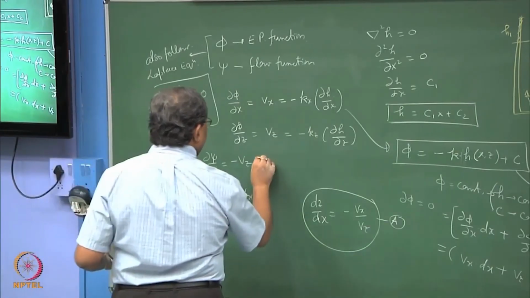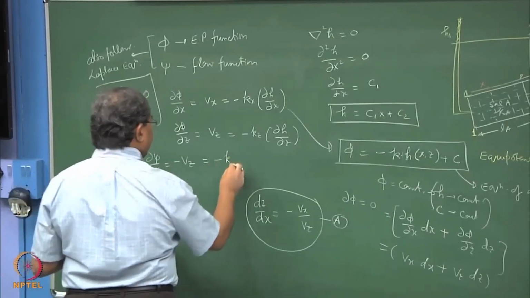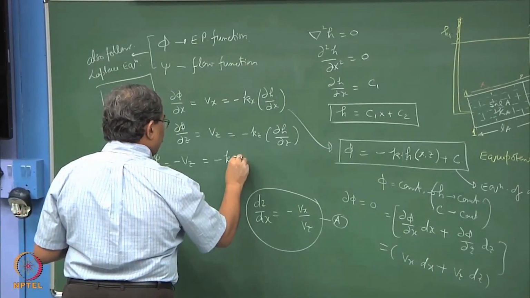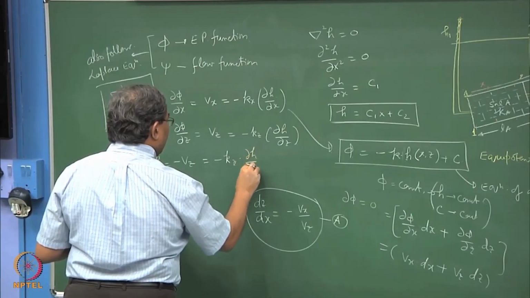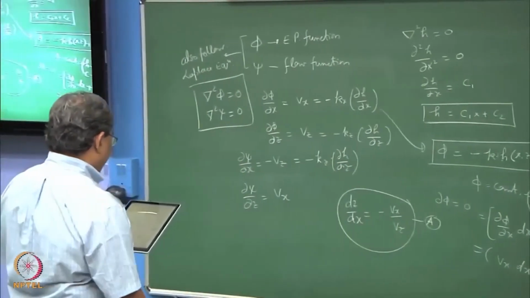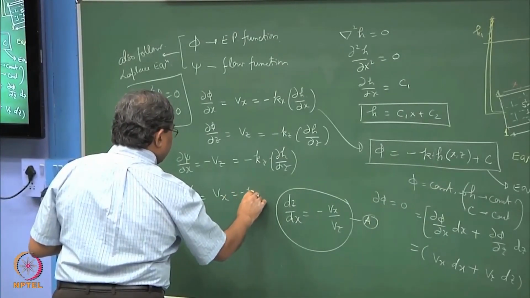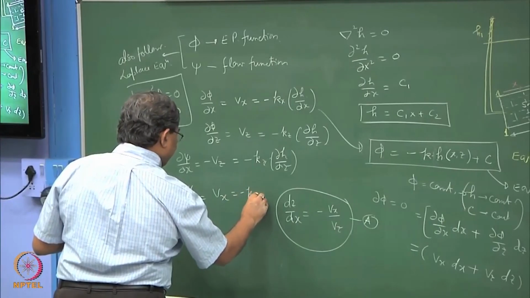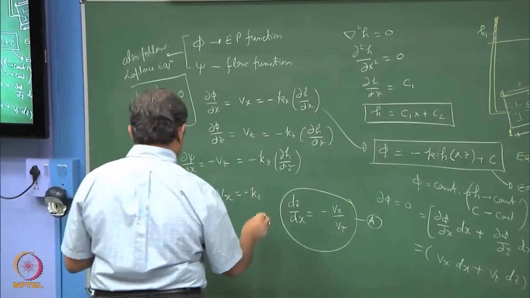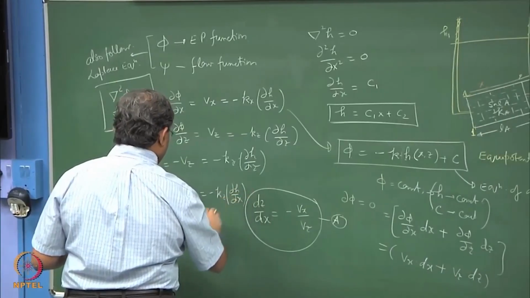So, this function can be written as minus k x into del h upon del z, and this can be written as minus k z into del h upon del x.